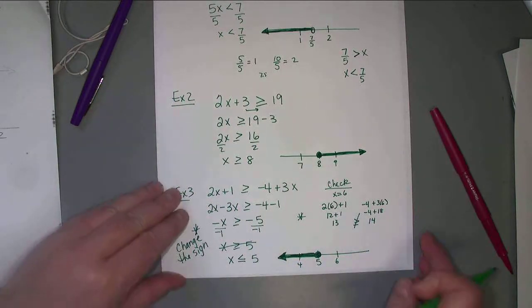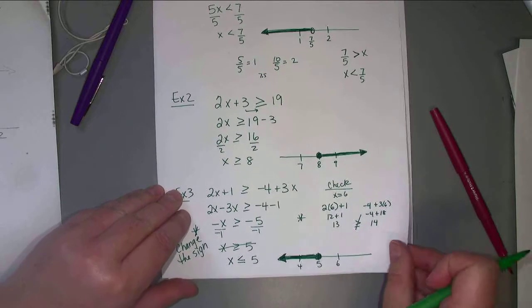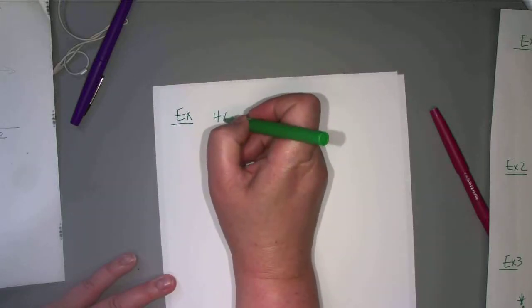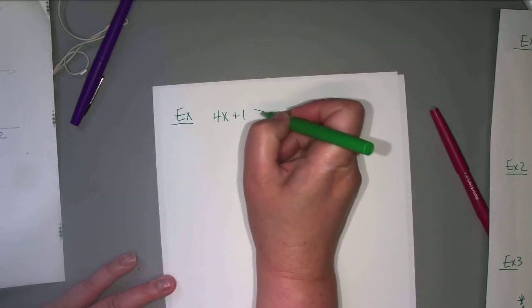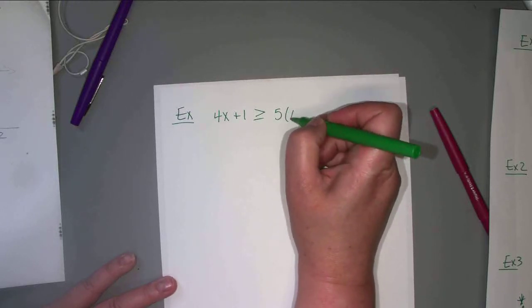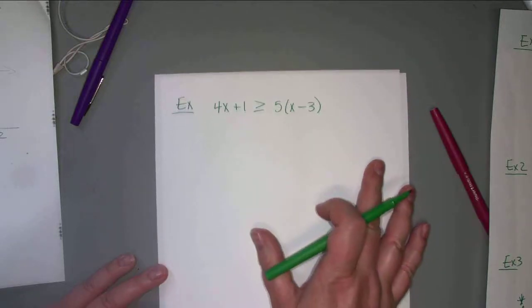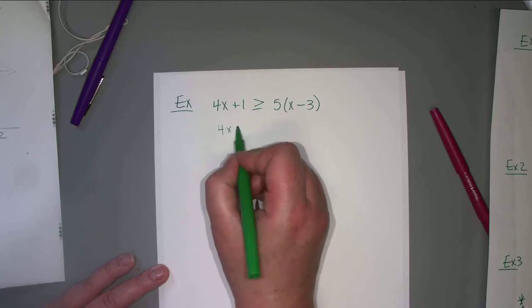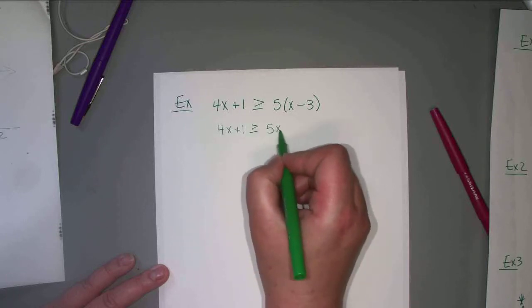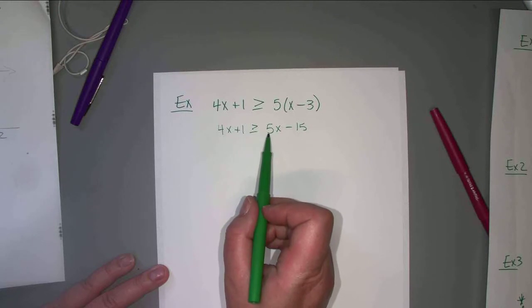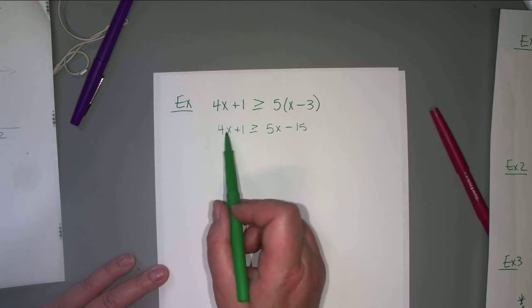So let's do another example. Okay, so for example, we had something like this. So there's a bracket. So we're first going to multiply out that bracket. 5x minus 15. Now, what I was saying in the last question was, if you want to avoid that negative, always move the x's so that they're positive.